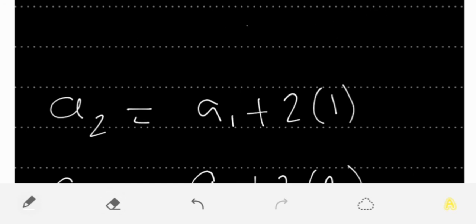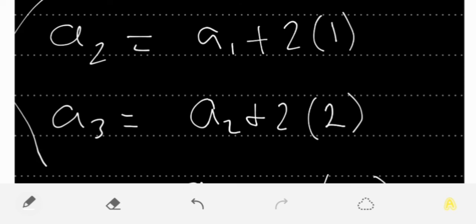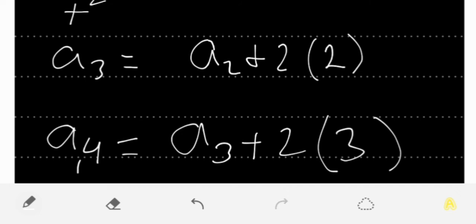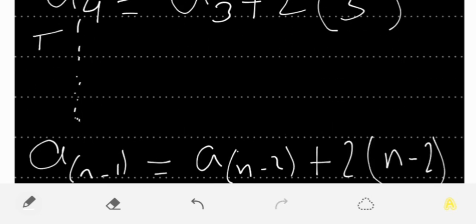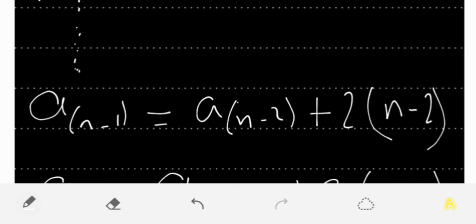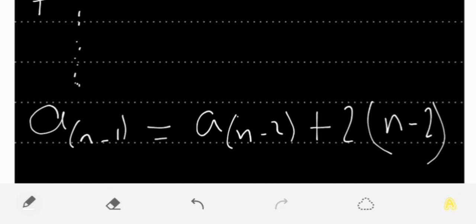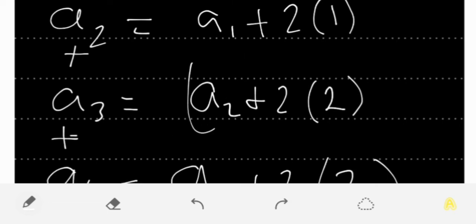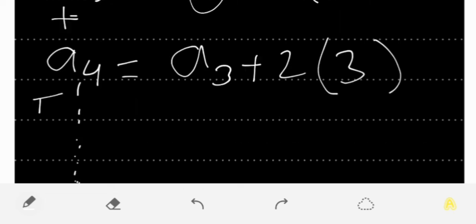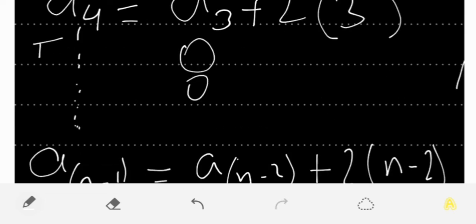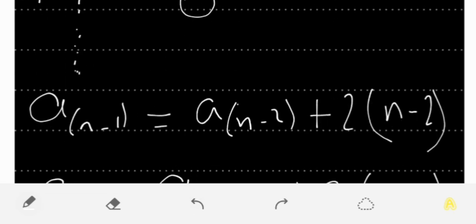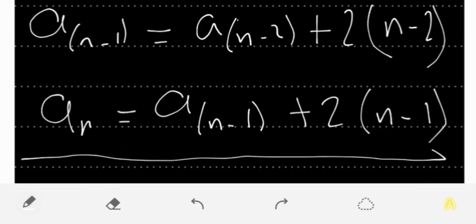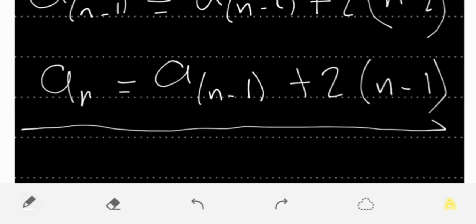If we sum all this part on the left side, what are we going to have? A sub 2 plus A sub 3 plus A sub 4 plus A sub 5, and it goes forward. On this side over here, we are going to have the same thing, A sub 2, A sub 3, A sub 4, A sub 5, until we have this A sub n minus 1.